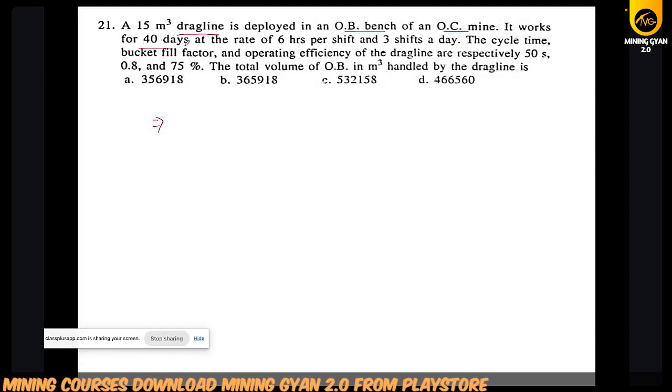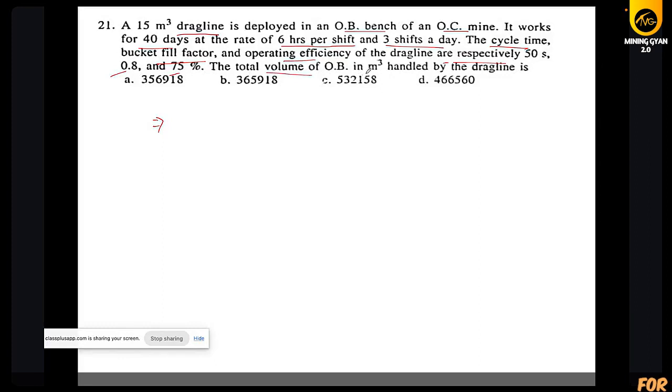It works 40 days, 6 hours per shift, 3 shifts. The cyclic time, bucket fill factor and operating efficiency of the drag line are respectively 50 seconds, 0.8 and 75. This is a simple question, so just hold your nerves and you can solve it.